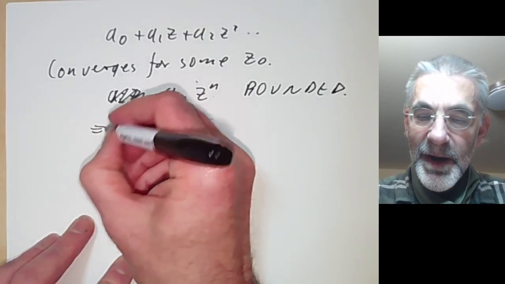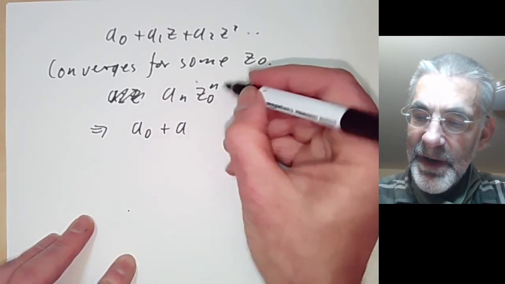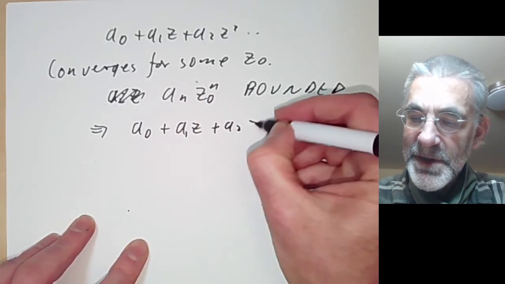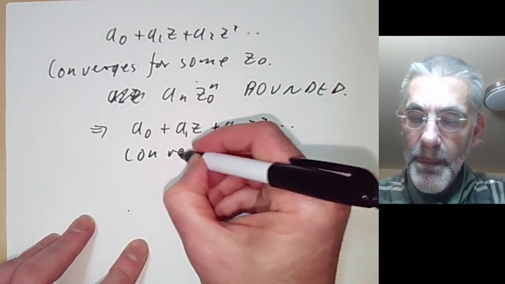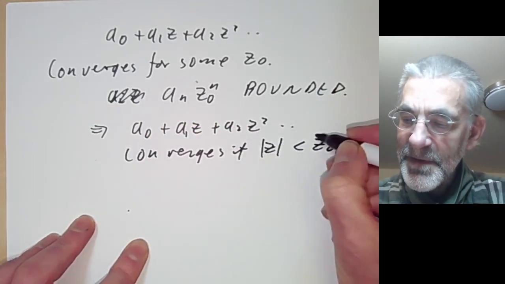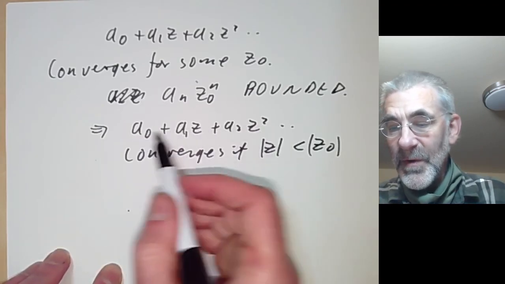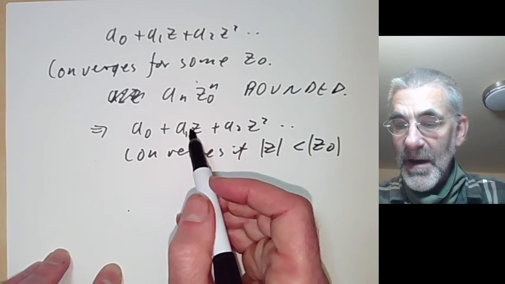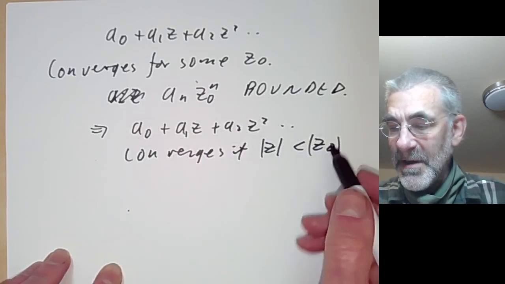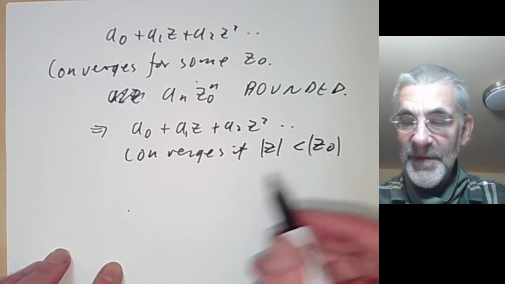And this implies a0 plus a1 z plus a2 z squared and so on converges if |z| is less than the absolute value of z0, because you can then check that this converges faster than a geometric series with terms having ratio z over z0.